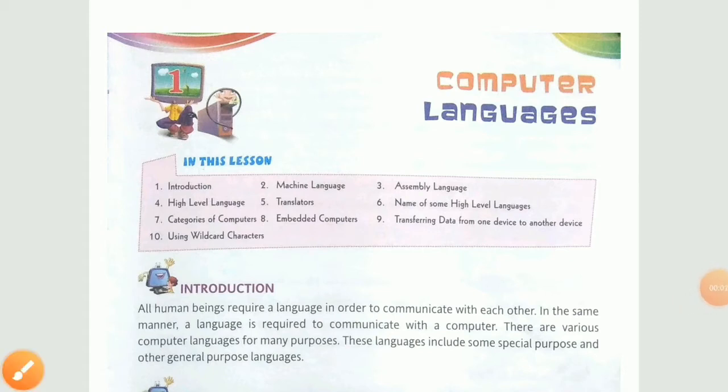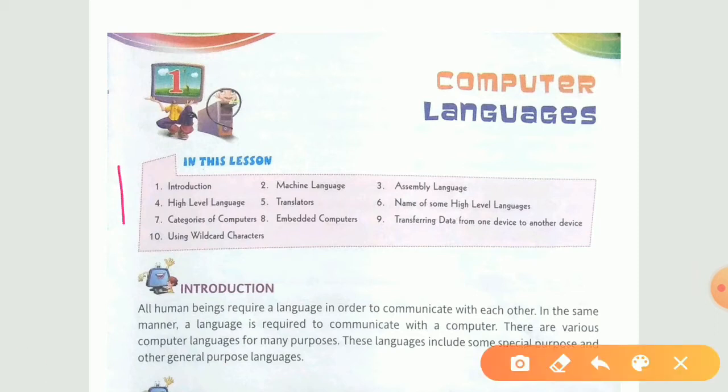As we move towards advanced technologies, our computer languages are also improving day by day. That is why we move from low level language to high level languages. We will understand what a low level language is and what a high level language is in the upcoming minutes. So this is the introduction of computer language: the language that we use to communicate with our computer.